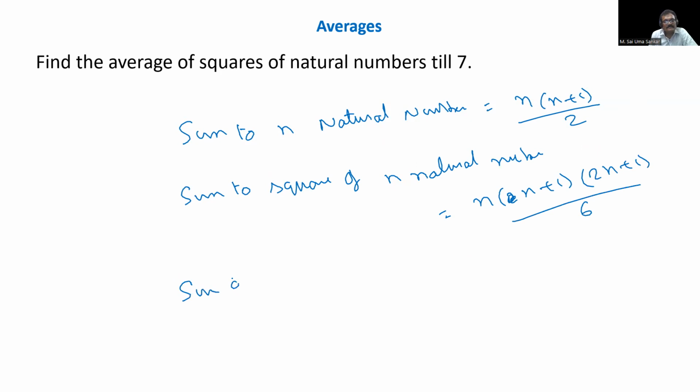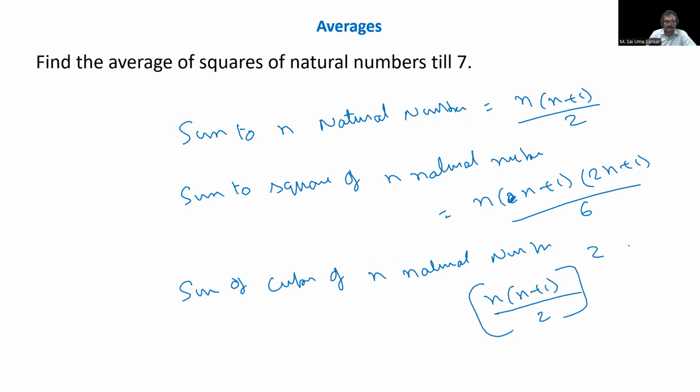And next, sum of cubes of first n natural numbers is n into n plus 1 by 2 whole square.